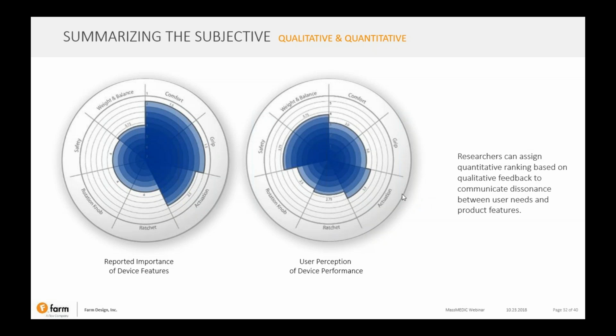And so you might find there's a dissonance between the subjective desires of participants and the actual performance of the device. And that you can decide based on those dissonances or those discrepancies how you'd like to move forward, again, keeping in mind whether perception and reality are valid as far as the user thinking they need something that they may or may not need.